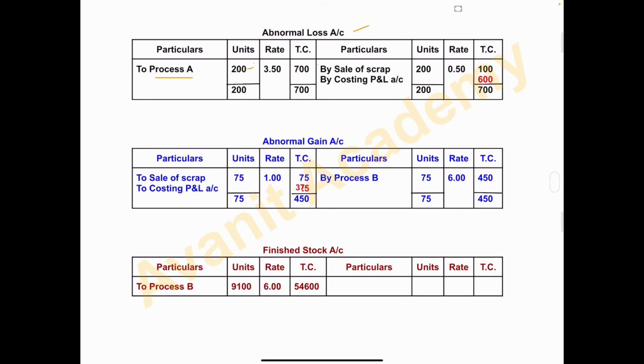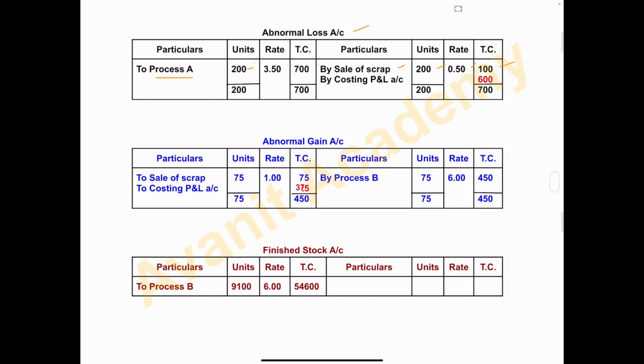So this loss is sold at rupees 50 paise per unit. Credit side, write by sale of scrap, units are 200 and the scrap value in process is 50 paise. So take here 50 paise, 200 into 50 paise, answer is 100.